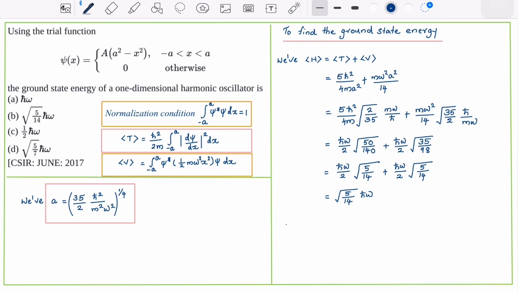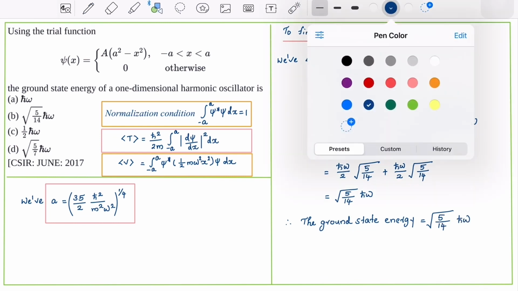Hence, we can say that the ground state energy of the one-dimensional harmonic oscillator is root of 5 by 14 ħω. Hence, we can say option B is the correct option.